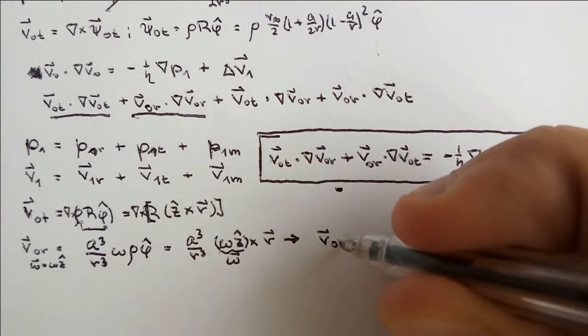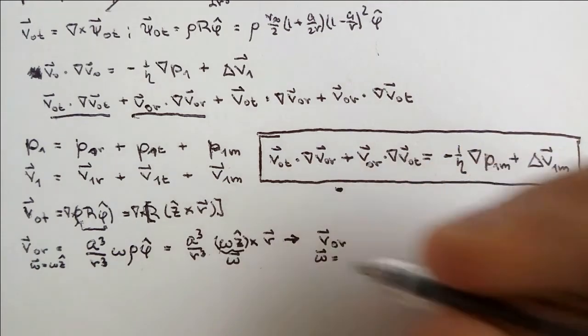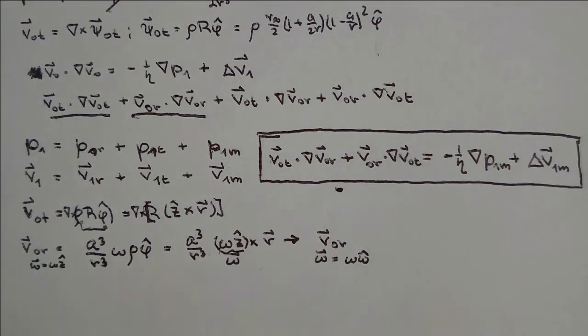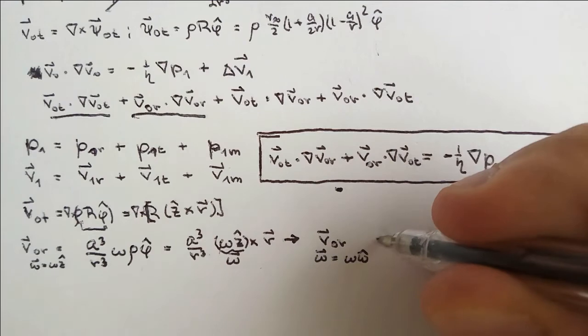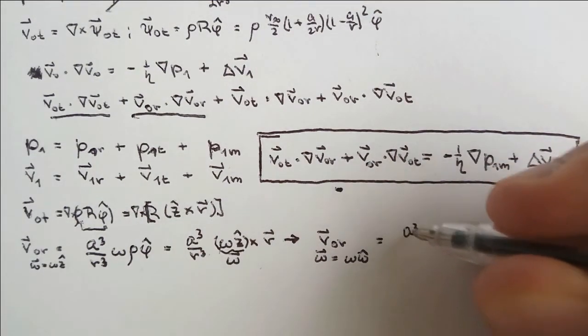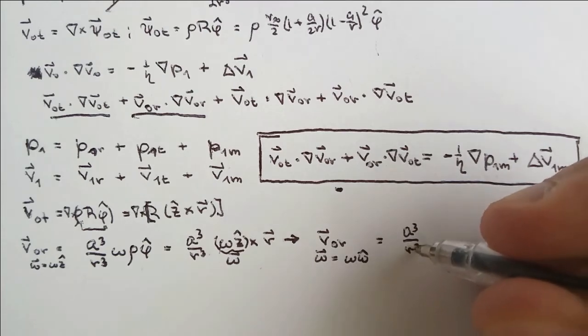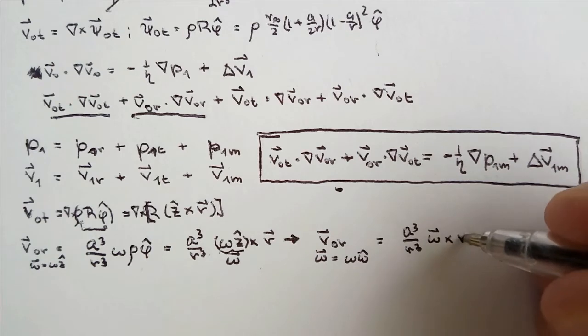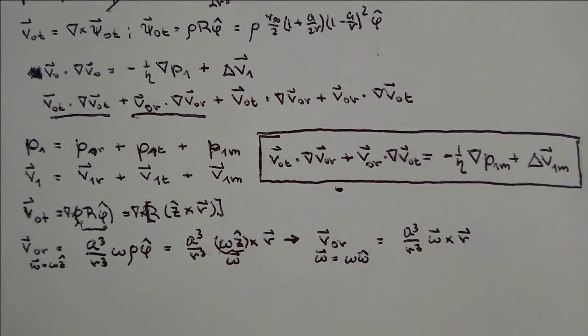When omega vector is omega times omega hat in an arbitrary direction, the solution will remain in this form. So it's a cubed over r cubed times omega vector cross product with r vector.